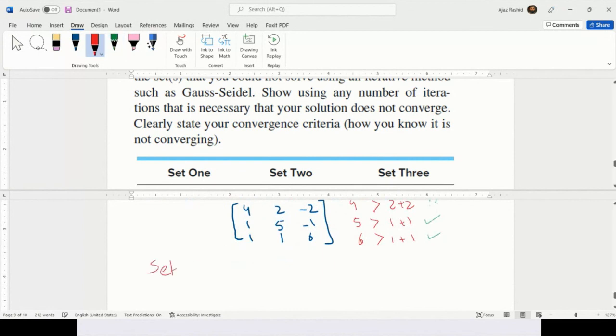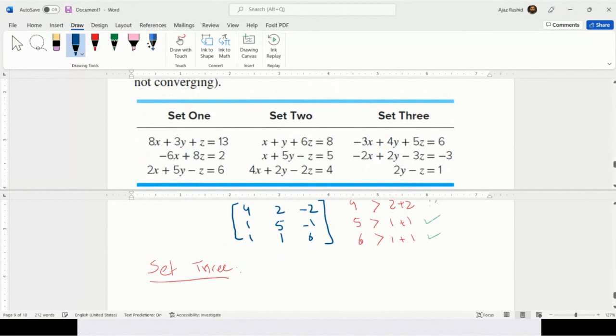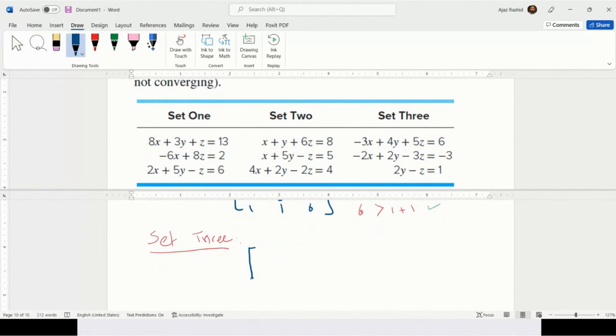Set number 3. -3, 4, 5, -2, 2, -3, 0, 2, -1. 3 greater than 4 plus 5?